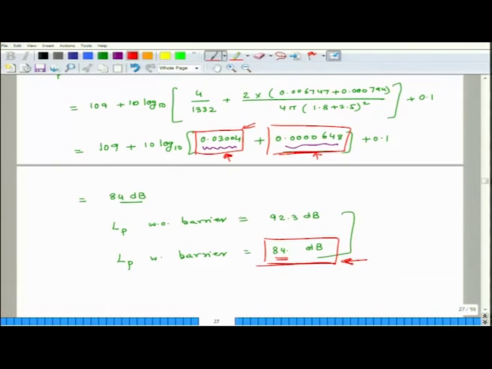So, we do get a good amount of sound reduction in case of barriers located inside a room, but the magnitude of this reduction is not that large as compared to placing the same barrier outside, where it is a much larger reduction.